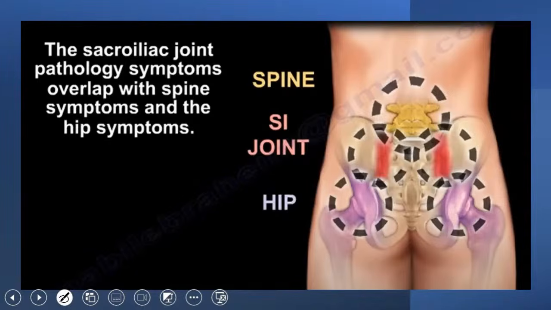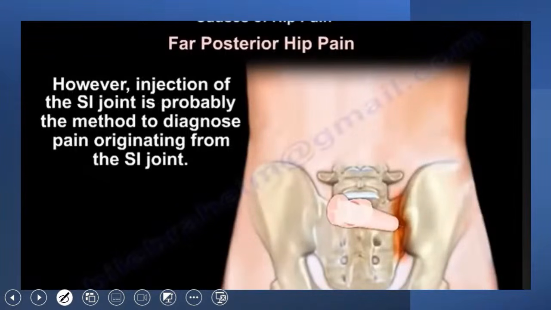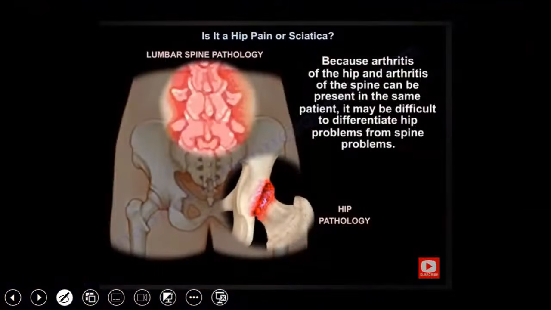So if you suspect the sacroiliac joint, which is really difficult to diagnose, then maybe an injection will help. And if it does help and the patient is better, even with lidocaine injection itself, that means it is the SI joint problem. And then you move on to the treatment and the plan.